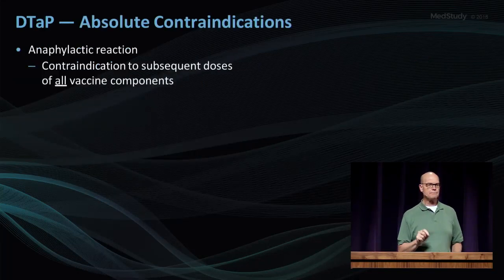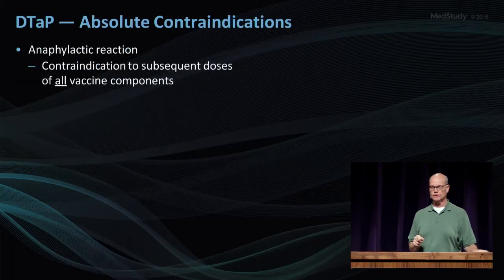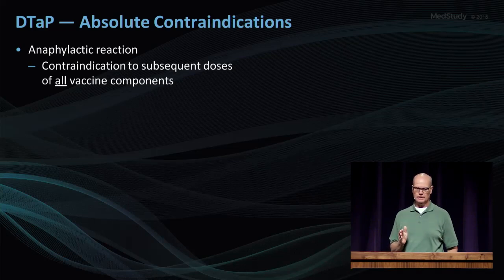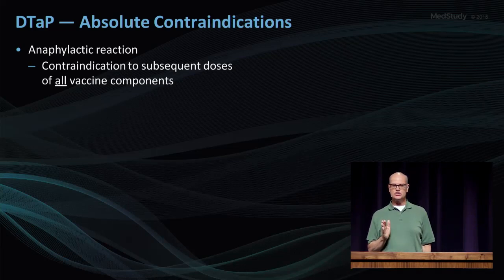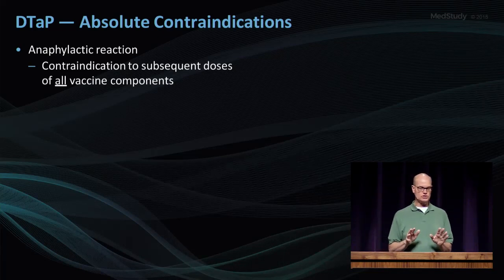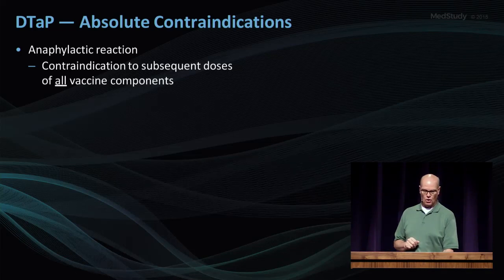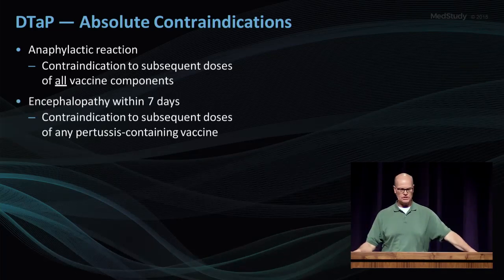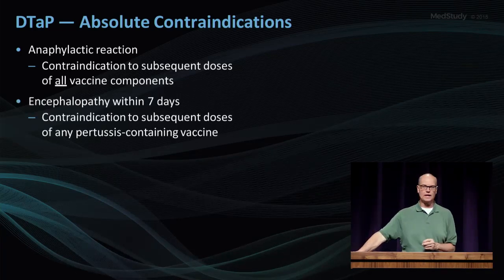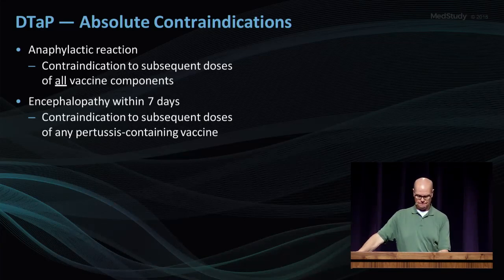So what are the absolute contraindications where your response should be don't give the DTaP? A history of an anaphylactic reaction, which is a contraindication to subsequent doses of all vaccine components, or, like the question mentioned, an encephalopathy that develops within a week following the vaccine.